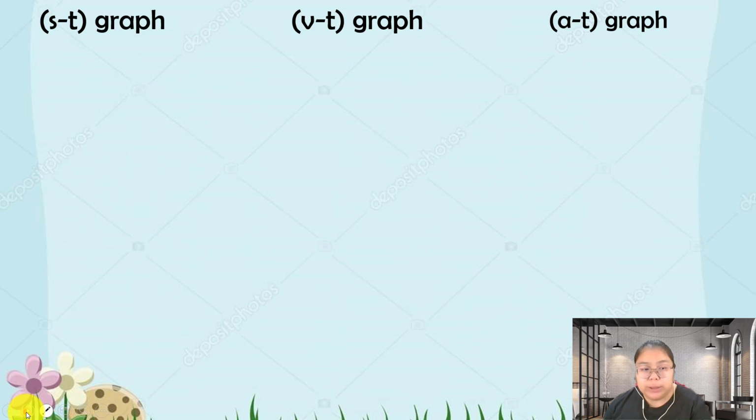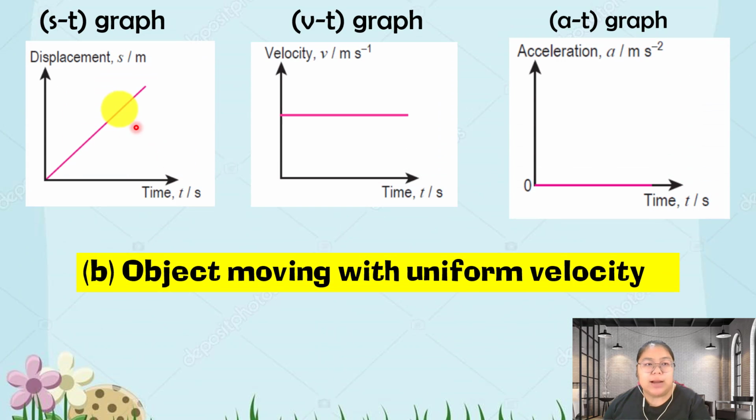Now we go on to some more. Now the displacement graph starts to increase. Starting to increase means the object has now moved, from zero until a certain number of meters. If the object moved, that means we have velocity.